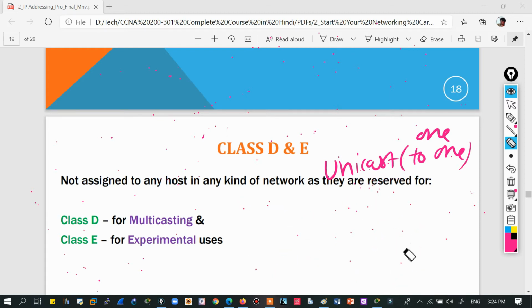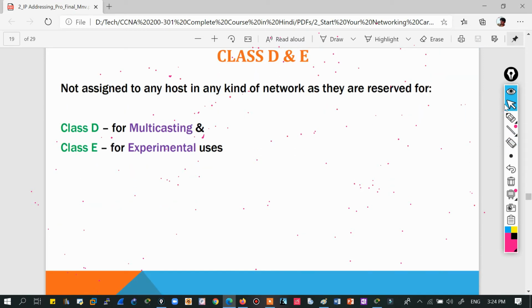So some part of the IP address space was reserved so that it could be used in emergencies or for unexpected future uses. Nowadays IPv6 is there, we have no shortage of IP addresses, so we can do everything by IPv6, so we don't actually need class E addresses right now. Okay, fine.